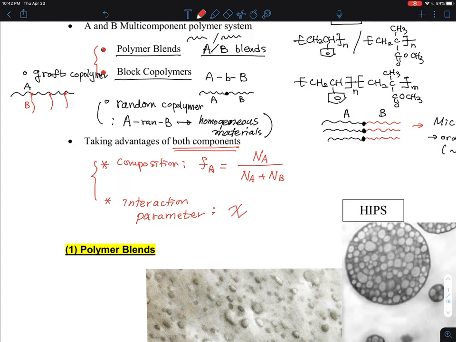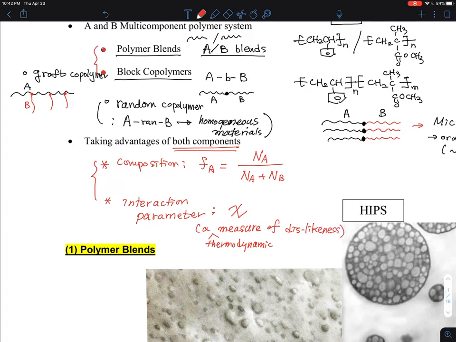Chi is a thermodynamic measure of the degree of dislikeness.